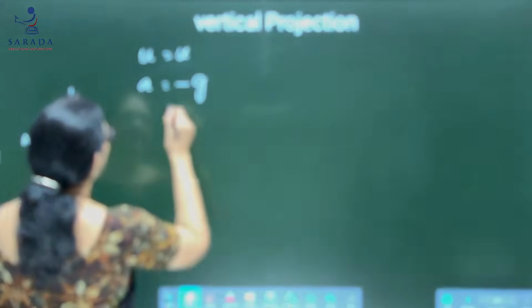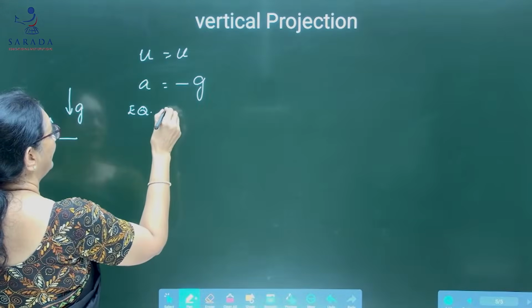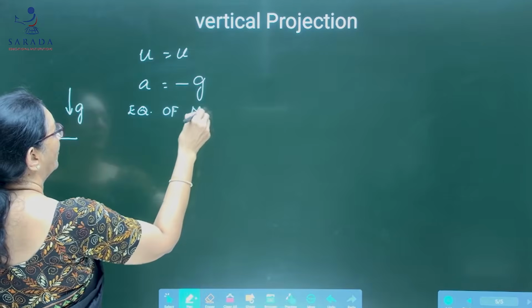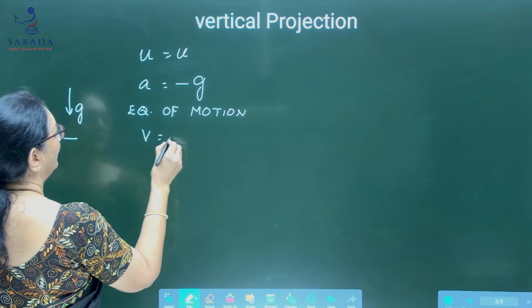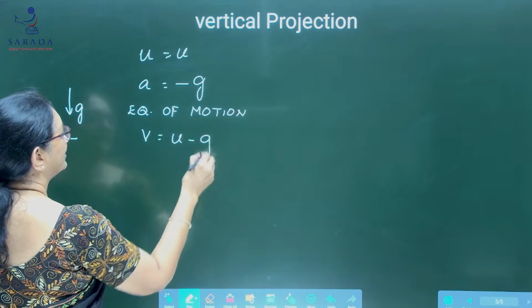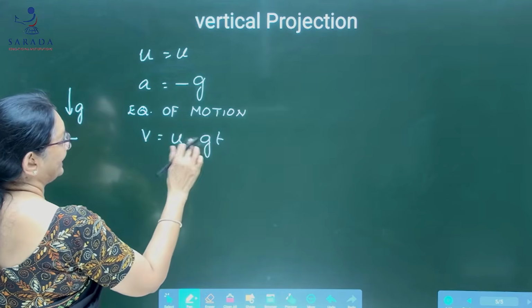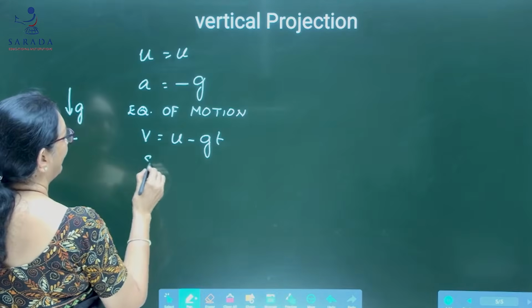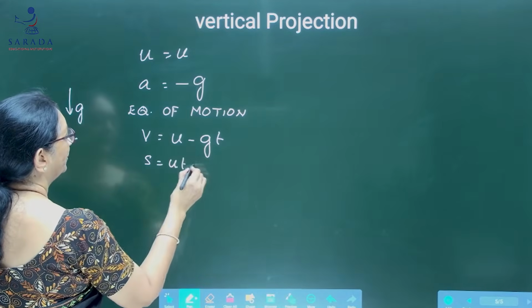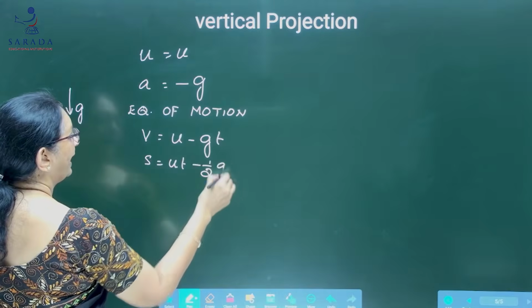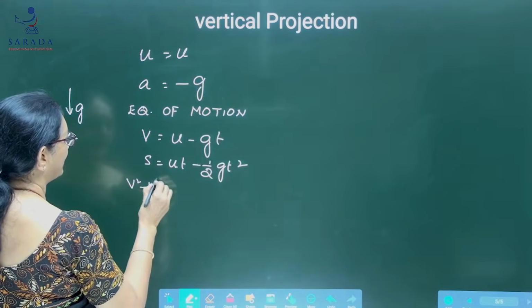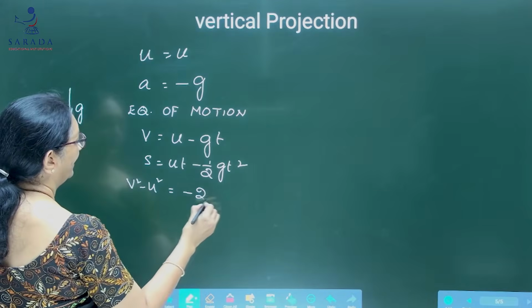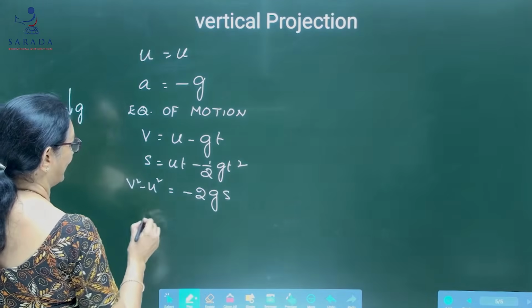So, here coming to the equations of motion. See here, v is equal to u minus gt, that is u plus at with a replaced by minus g. s is equal to ut minus half gt square. v square minus u square is equal to minus 2gs.